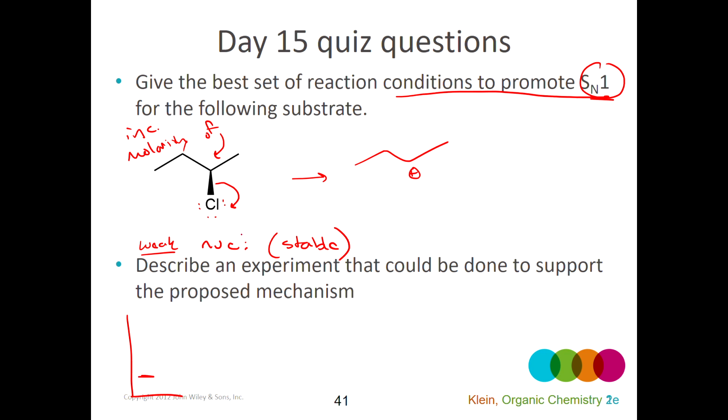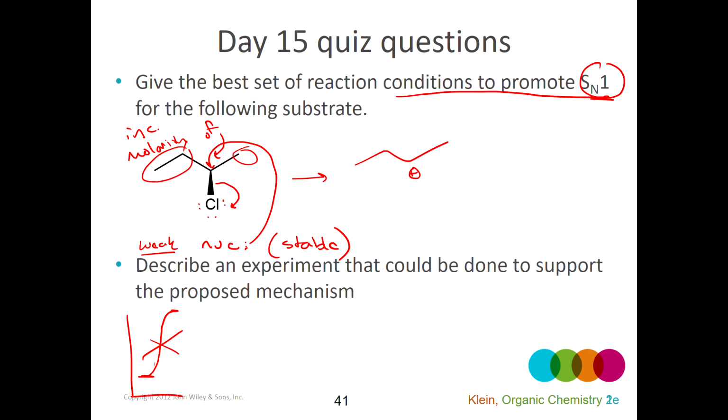If it were to try to collide here and get through the sterics associated with these groups and produce a high energy transition state, that's not going to happen very often if the nucleophile is weak. So the SN2 mechanism wouldn't occur nearly as much with a weak nucleophile.